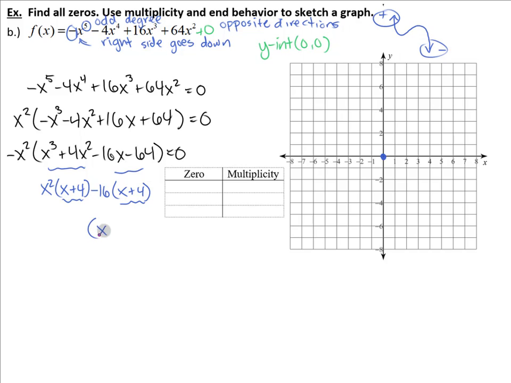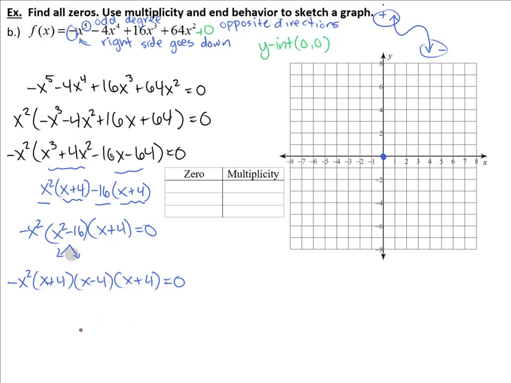So x plus 4, the matching set of parentheses, is one of our factors, and the x squared minus 16 is the other. Okay, and then we have our -x squared we took out earlier. This is a difference of squares, which factors as x plus 4 times x minus 4. And then we still have the x plus 4 to the right of it, and it equals 0.